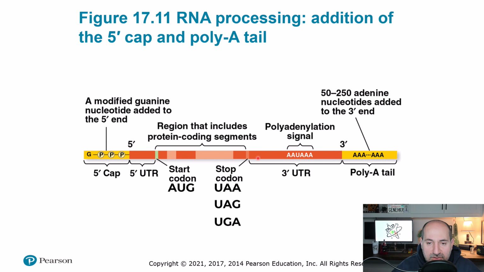Anything after the stop codon is not translated, including the poly A tail. So this is known as the 3' untranslated region. Again, just because the mRNA is this long doesn't mean all of it codes for protein. The protein coding part starts at the start codon and ends with the stop codon. The rest of the mRNA molecule is not translated.